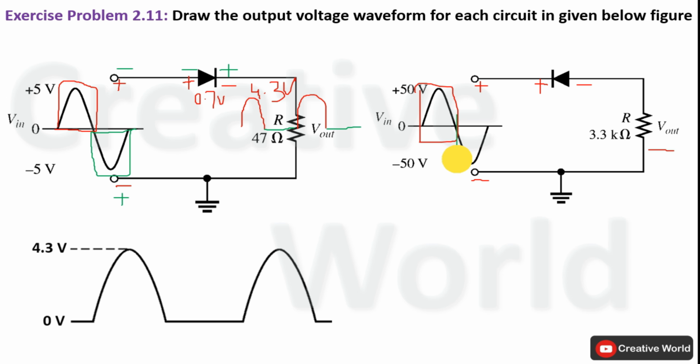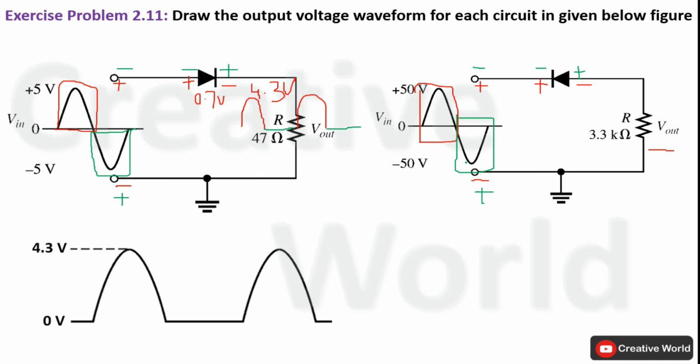Now we will focus on the negative half cycle of the AC input waveform. During this negative half cycle we will get the positive terminal here and the negative terminal here. In this case, the negative terminal is connected to the cathode of the diode and the positive terminal is connected to the anode of the diode. The first condition of forward biasing of the diode is satisfied. Now we have to confirm whether the AC input voltage is greater than the potential barrier of the diode or not.